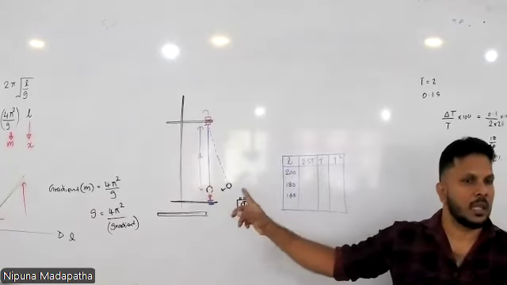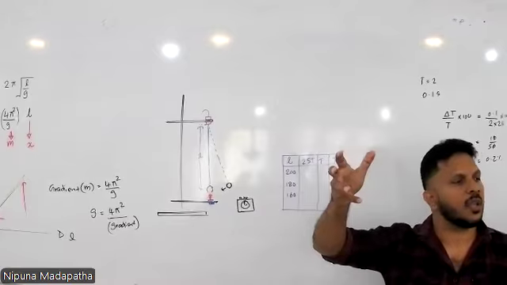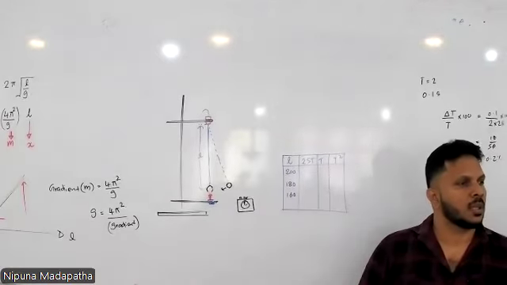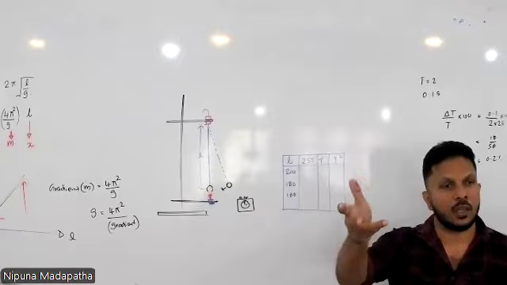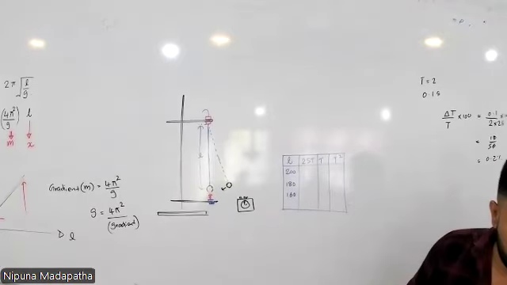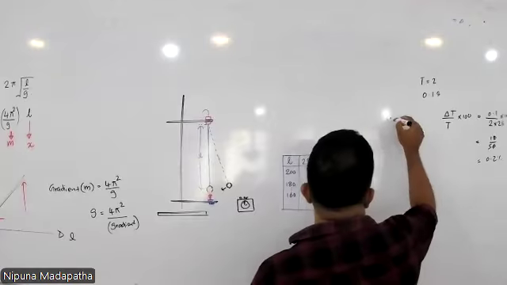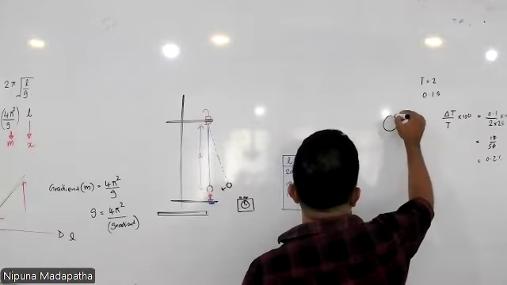So tell me this. Instead of a spherical shaped pendulum bob, normally we use this type of pendulum bob.